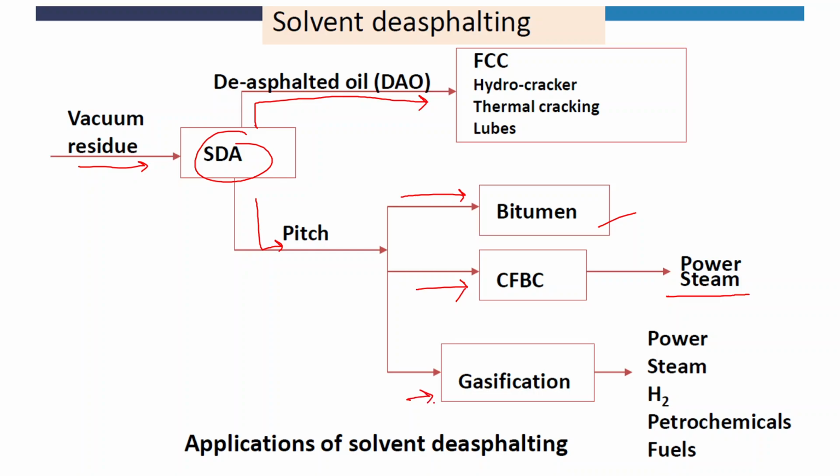This heavier product, pitch, can also be gasified for power generation, for steam, and for hydrogen production of petrochemicals and fuels.